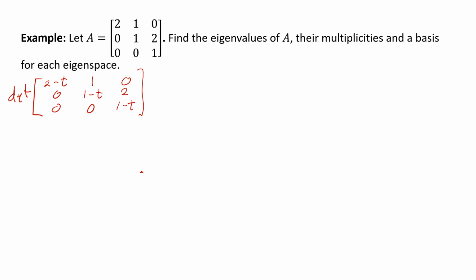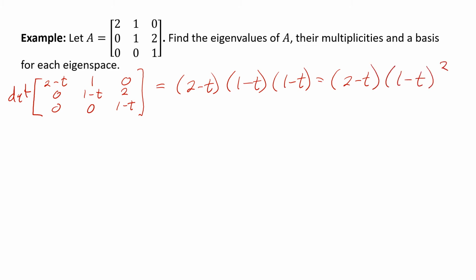That's finding the characteristic polynomial. But now remember that when you have a triangular matrix, the determinant is just the product of everything along the main diagonal. So this one is easy. 2 minus t times 1 minus t times 1 minus t, or 2 minus t times 1 minus t squared.